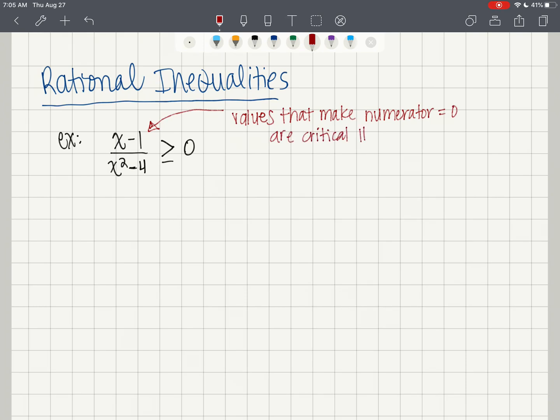I'm saying values, but I'm also going to write numbers because it's shorter. So values that make the numerator 0 are critical numbers, and then additionally, domain restrictions are critical numbers.